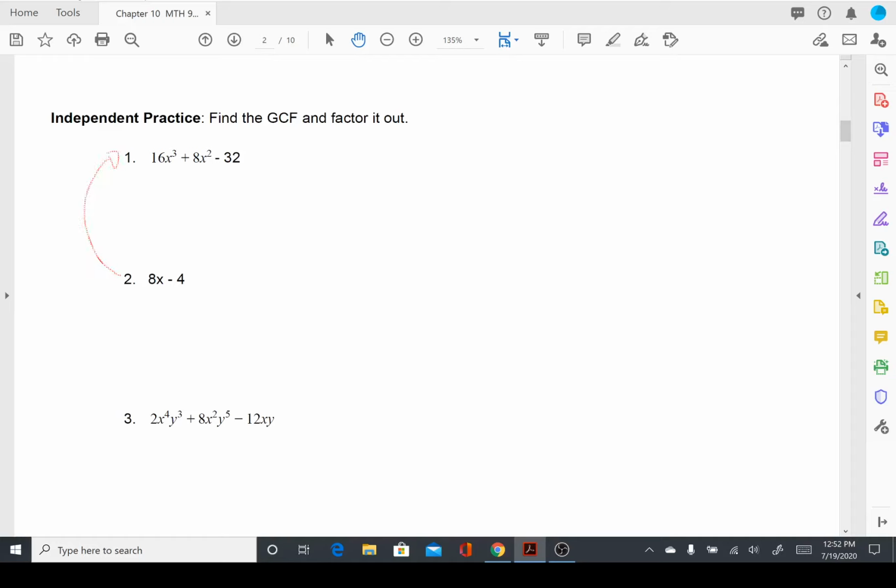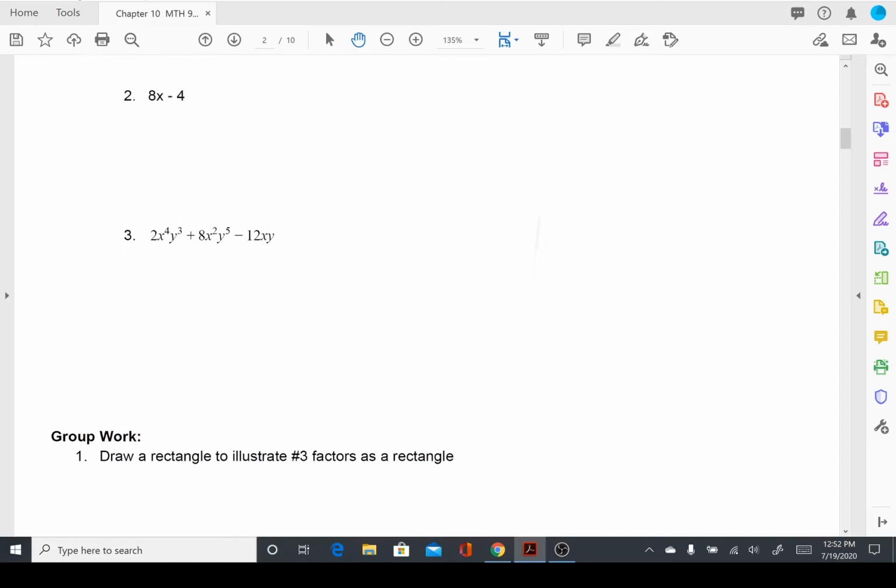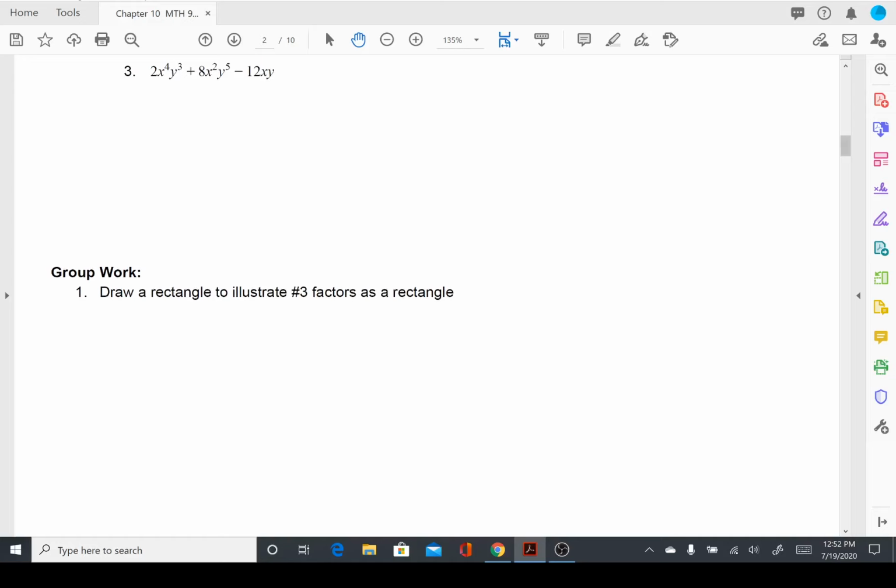And then in class, in groups, we're going to be looking at this 3rd example that you've done, and I'm going to ask that your groups illustrate it as a rectangle. And you do not have to do that before class. So if you could have the first 3 done, and then in class we will do that last bit together.